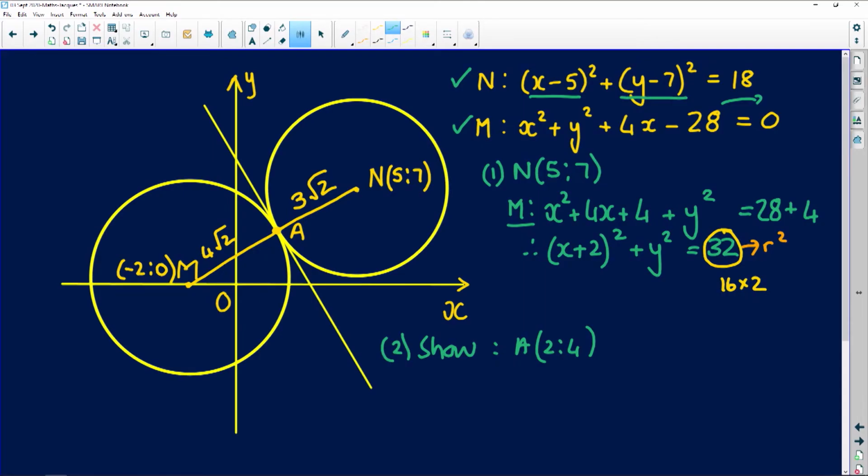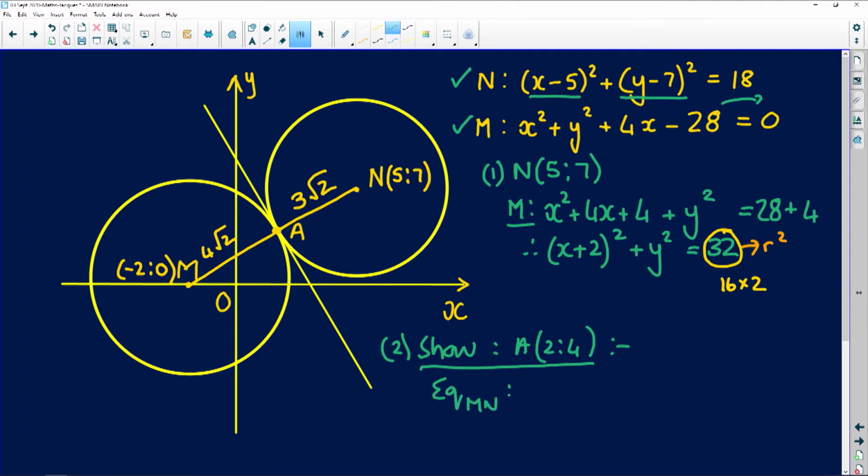We can find the equation of the line and also solve it simultaneously with one of the circles. But you know what? We're lazy. So let's see how we can get out of this in the quickest way possible. We have to show, this is what we need to show. So let's start off and let us find the equation of MN.